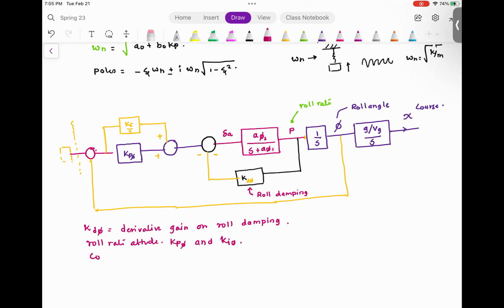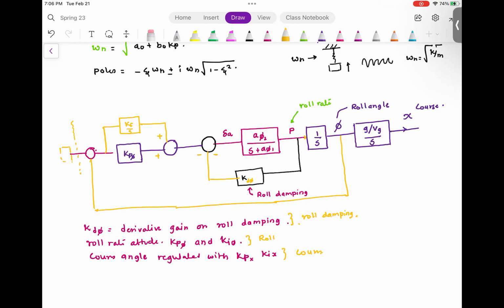And finally, you have the course angle that is regulated with Kpx and Kix. So this is the gain on roll rate, this is the gain on roll, and these are the gains on the course. So course, roll, and this is the roll damping gain.